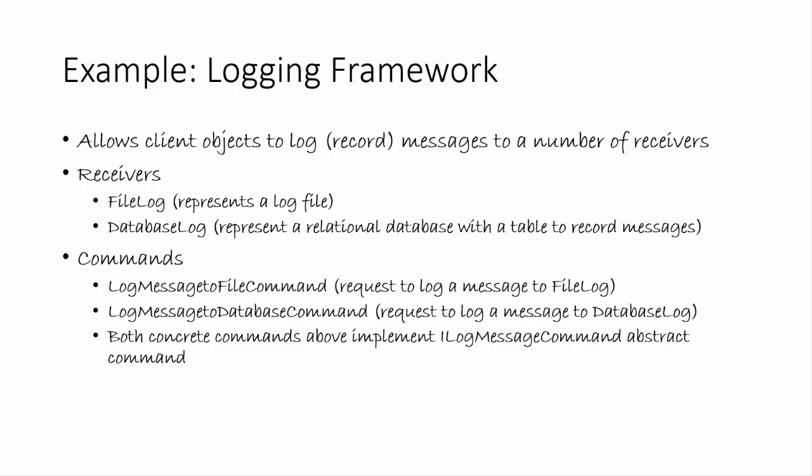Both of these listed above are concrete commands, and they implement the ILogMessageCommand abstract class. And finally, the client program, which is the Program.cs Main method. So this is going to be a C# console application with a Main method, which will act like a client and request message logging.